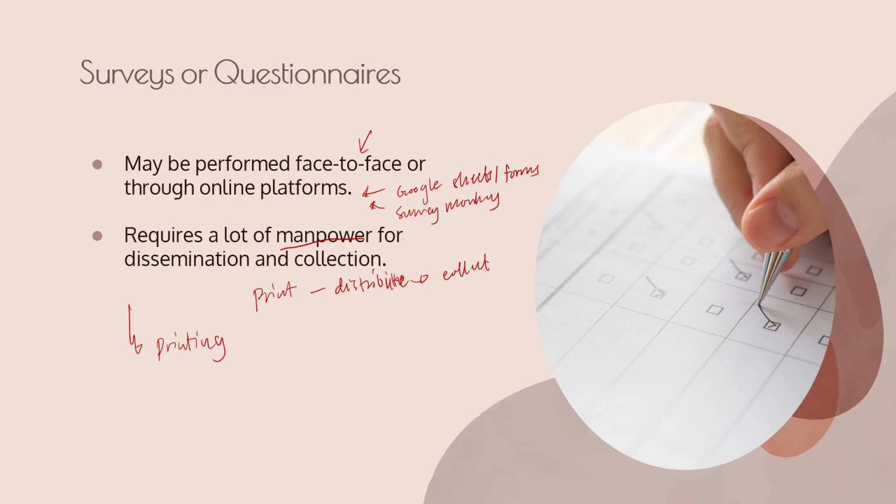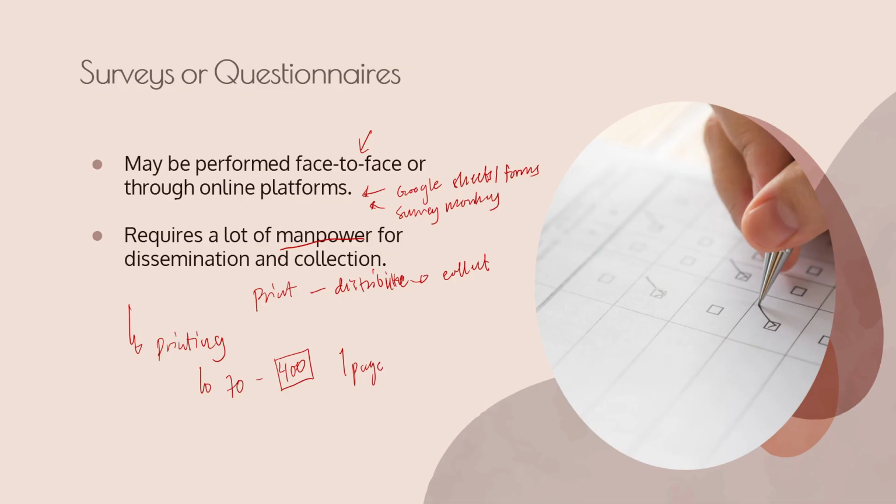And imagine from our previous lesson on sampling, a statistically significant sample, or rather the minimum sample size that we're usually going to compute for, is about 70, maybe even as much as 400. And if you're going to print 400 pages, take note that would assume that you only have one page per person.